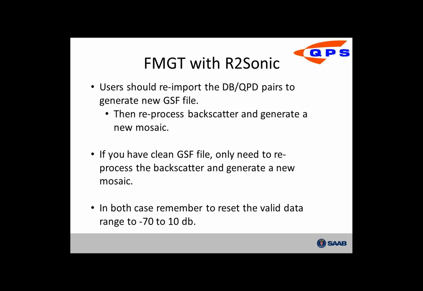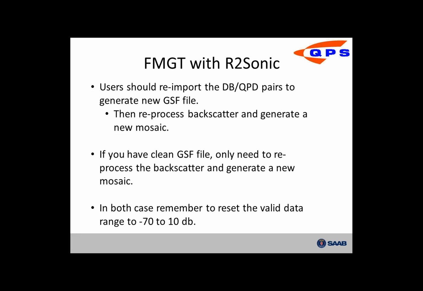So what you should do is re-import the QPD-DB pairs to generate new GSF files if you were having that problem. Then you would move forward with reprocessing the backscatter and generating a new mosaic. However, if you didn't have those problems and you have clean GSF files, you only need to reprocess the backscatter and generate a new mosaic.